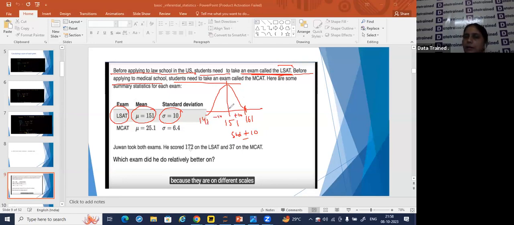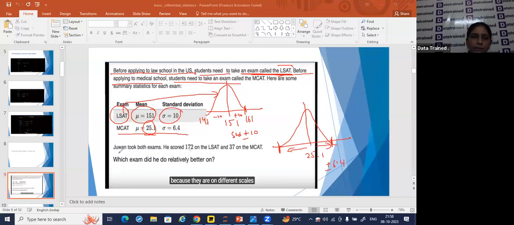So marks are lying between 141 and 161 in the LSAT examination. And in the MCAT, the mean value is 25.1 and the standard deviation is plus minus 6.4. So plus 6.4 this side, minus 6.4 this side.